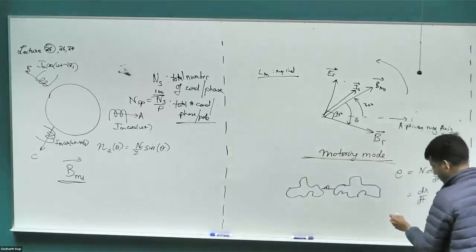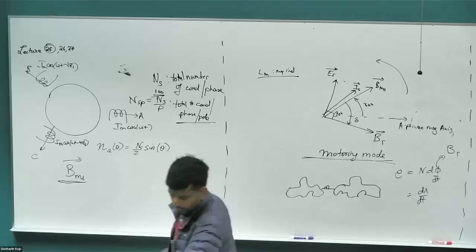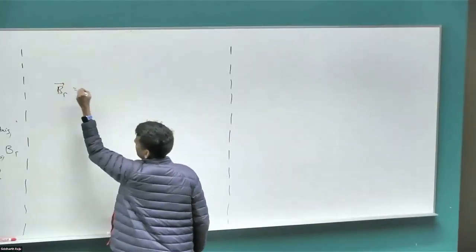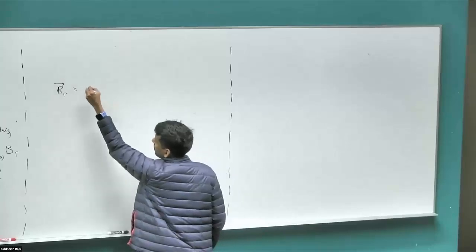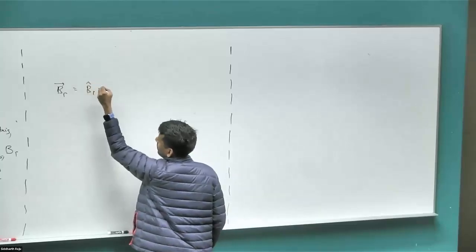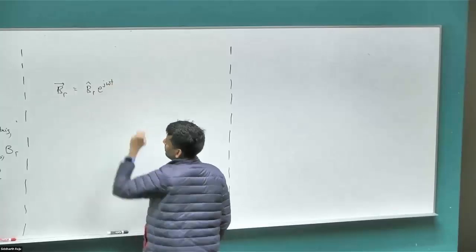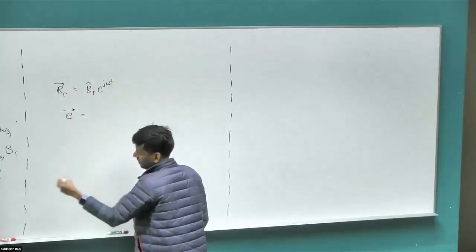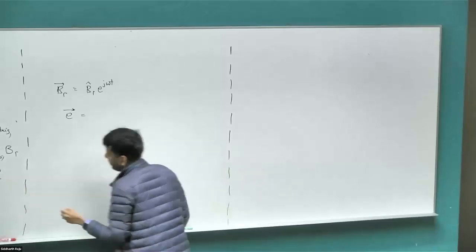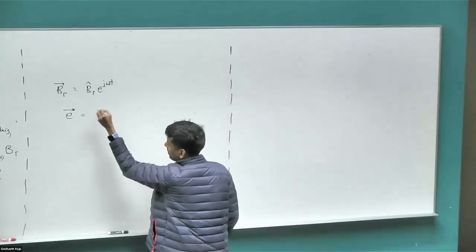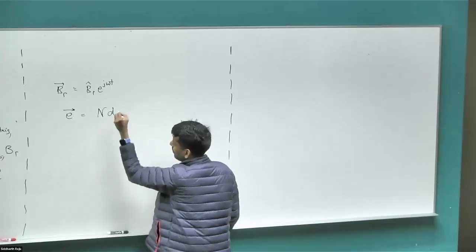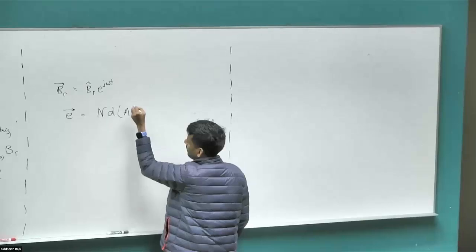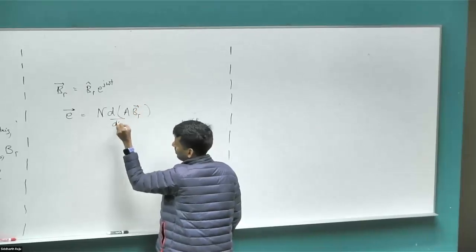So let's say this BR space vector is some BR magnitude times e power j omega t. Now your EMF space vector, since this expression holds in the phase domain that we derived, it also holds in our time domain. So it's going to be some area equivalent times d BR by dt. That's our flux.